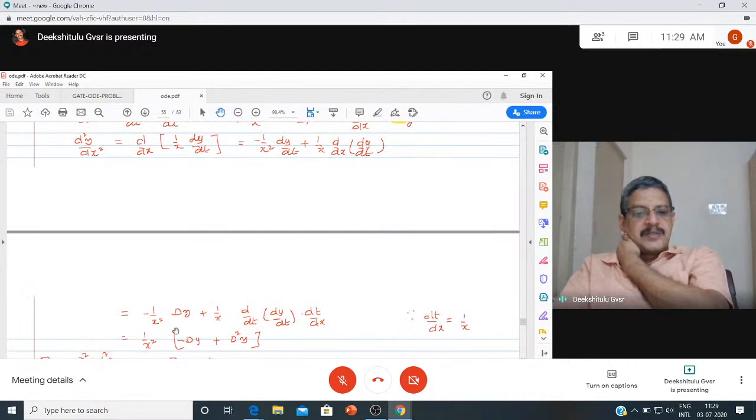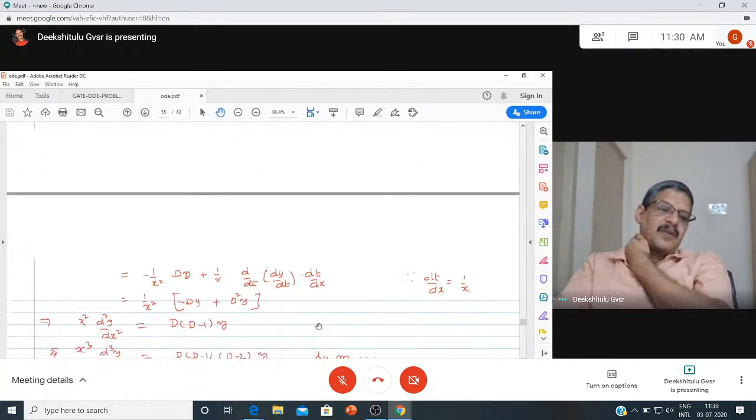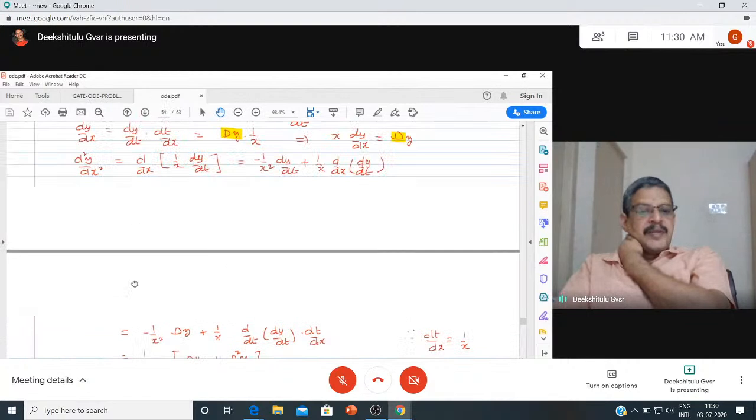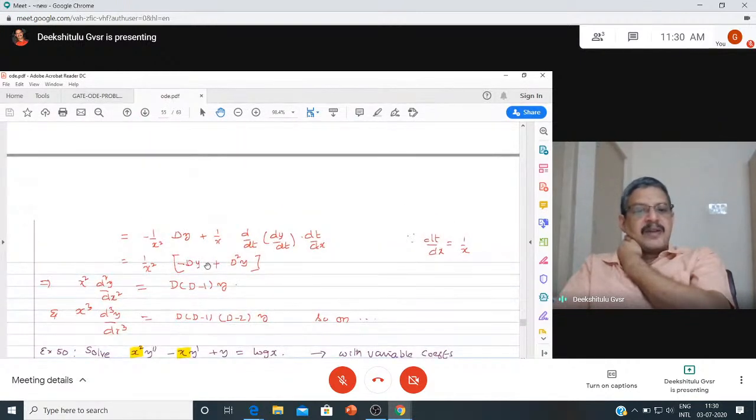So minus 1 by x square Dy plus 1 by x, again apply chain rule for this. So d by dt of dy by dt into dt by dx. So again dt by dx is 1 by x. So this becomes d square y by dt square, that is D square y. So d square y by dx square is equal to 1 by x square into D square y minus Dy.